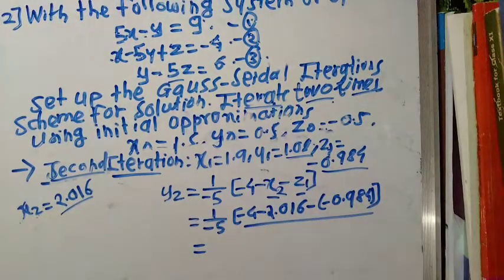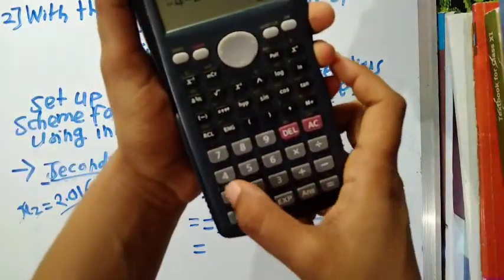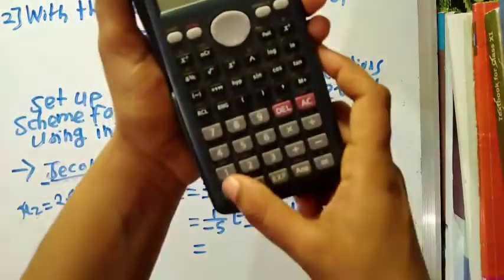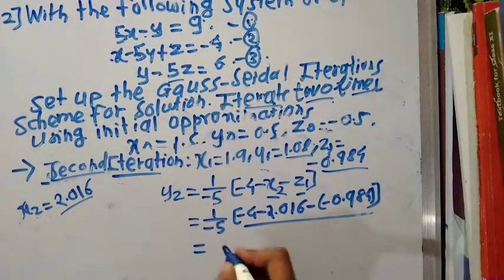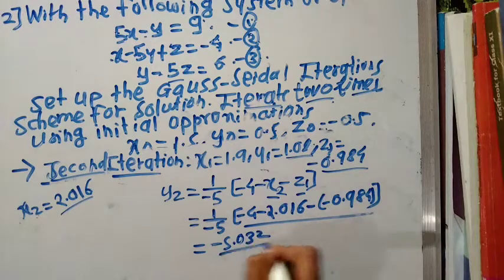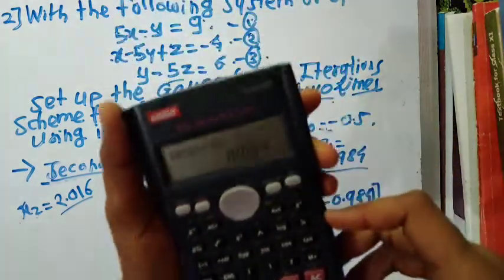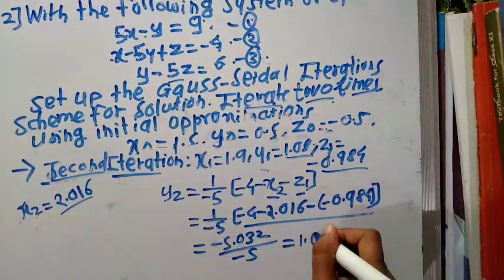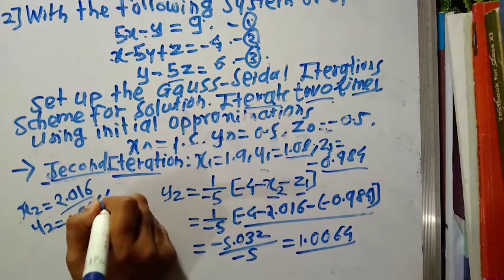So first find out this value, minus 4 minus 2.016 plus 0.984, which is equal to minus 5.032, divided by minus 5, which is equal to 1.0064. So y2 is 1.0064.